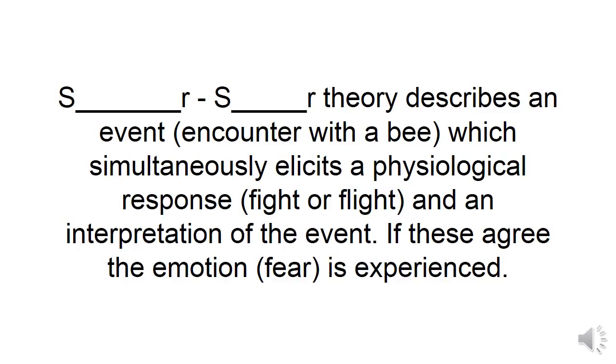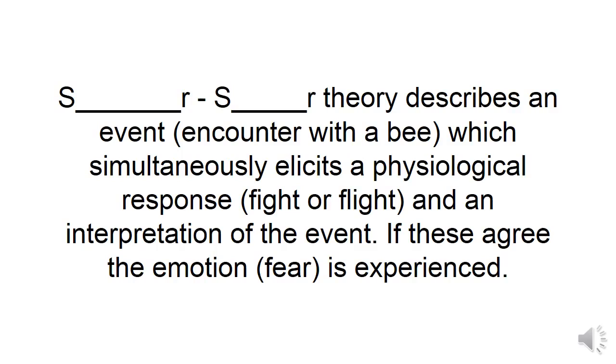Schachter-Singer theory describes an encounter similar to the last card. Well, an event such as an encounter with a bee, which simultaneously elicits a physiological response, fight or flight, and then an interpretation of the event. If these agree, the emotion is then experienced.